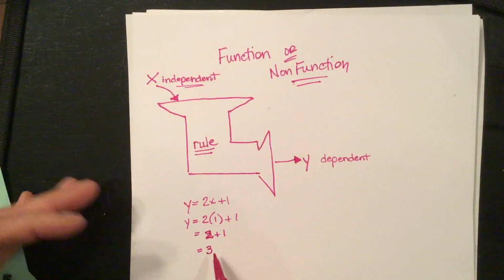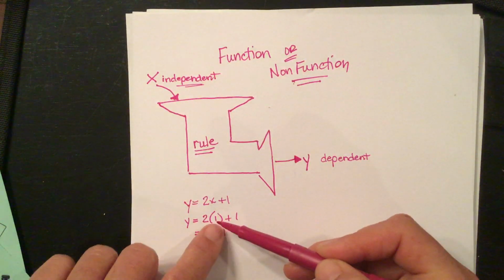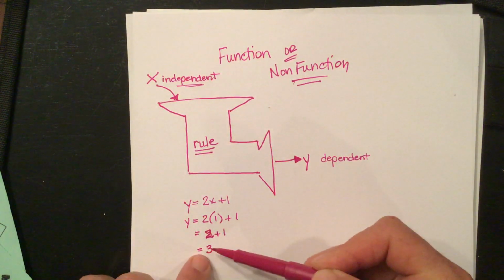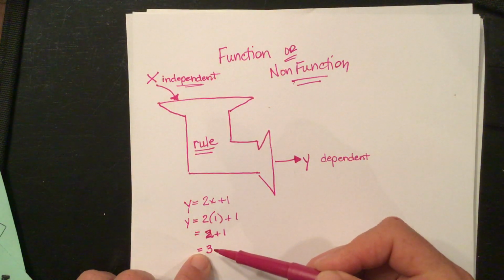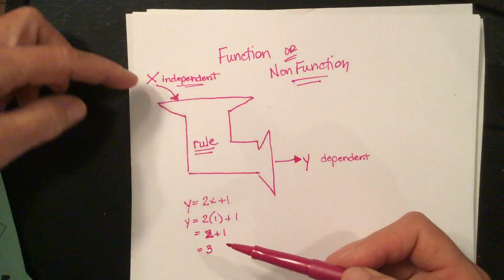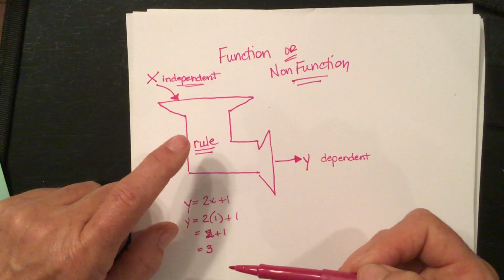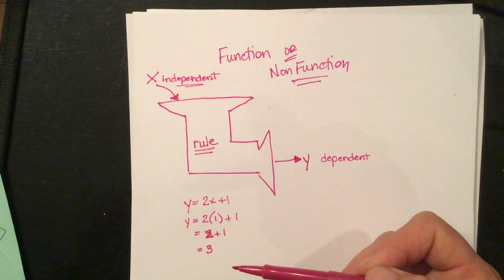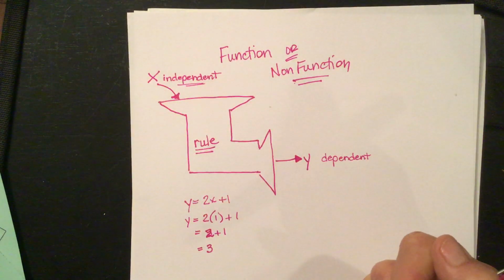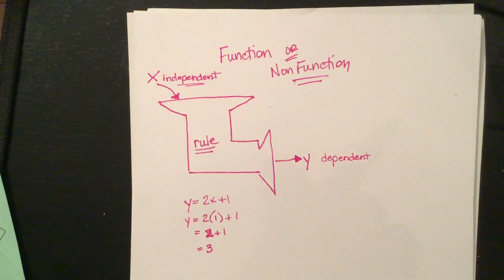What that means, if x is 1, can I get a different answer? No. So that's all it means: for every rule or function, for every one input, you can only get one output. Okay, easier said than done.